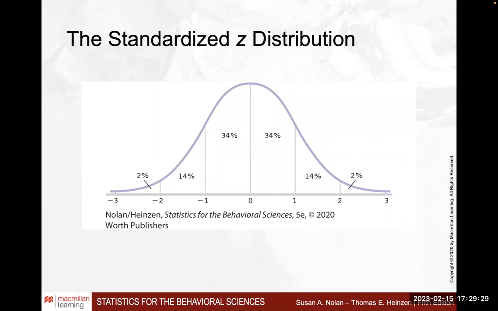You go 2 standard deviations above the mean, you have 34 and 14, that's 48% of your population. You go 2 standard deviations below the mean, you have 34 and 14, again, 48% of your population. Ergo, if you go from -2 to +2, that sums up to 95.